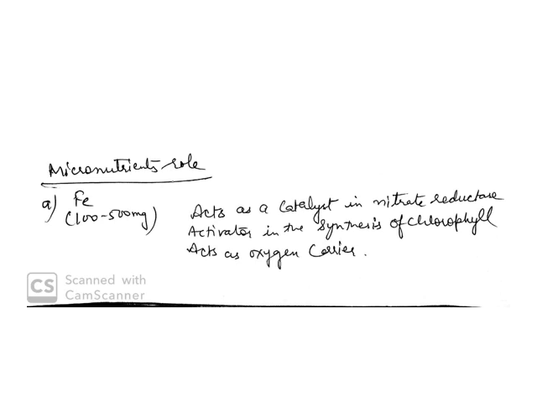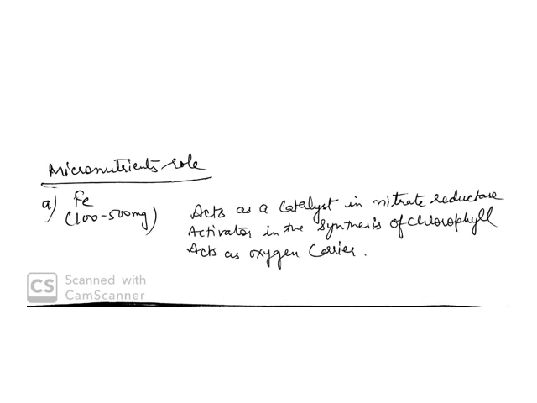So, as we have discussed all the macronutrients' roles, now we move to the micronutrients' roles. We have seen that the elements required in a lesser amount are called micronutrients, less than 1 ppm.